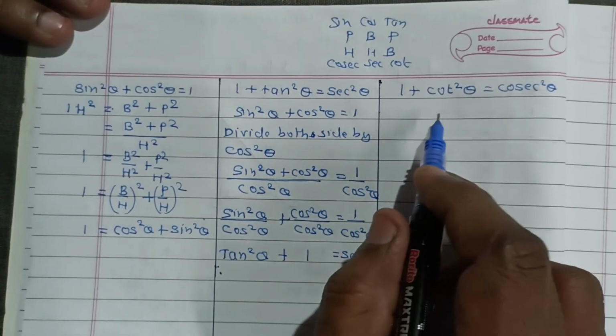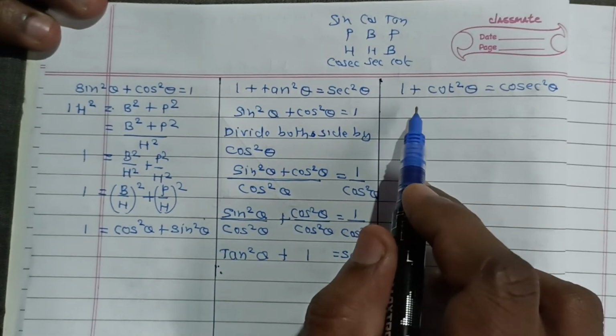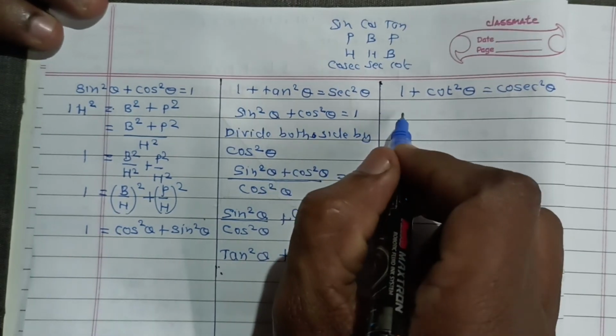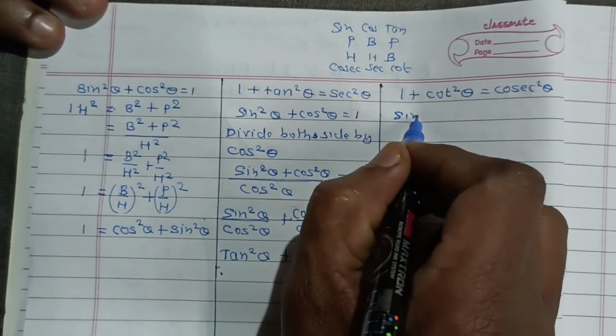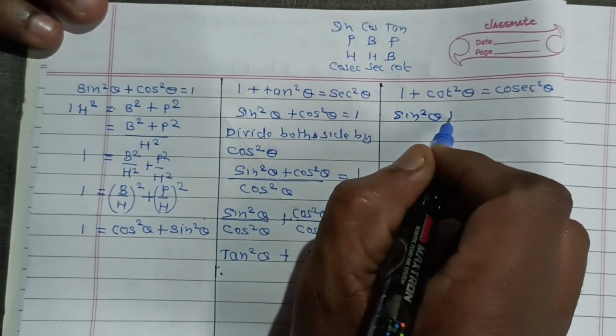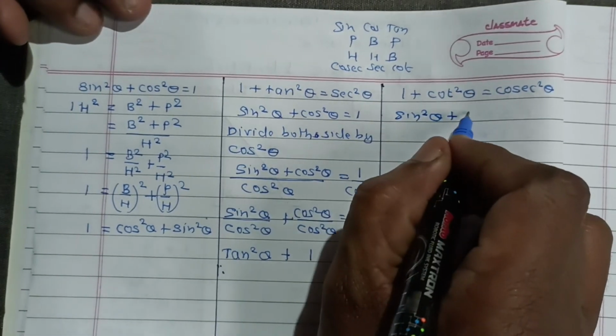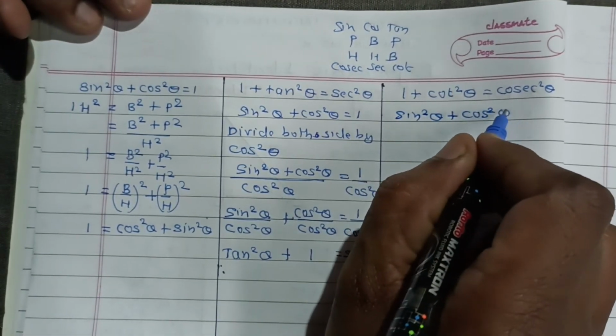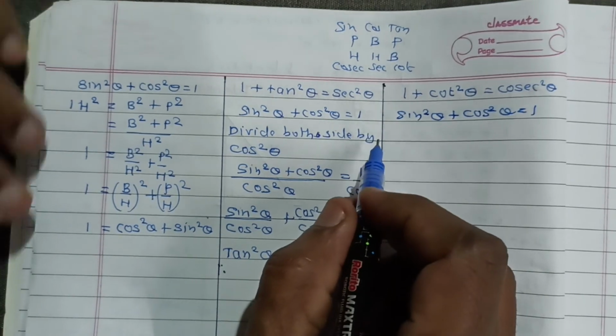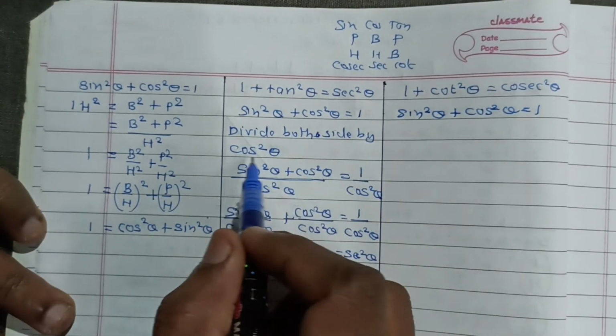Now let us derive the third identity. So you have to use the first identity, that is sin²θ plus cos²θ is equal to 1. Now for the second identity we divided by cos²θ.